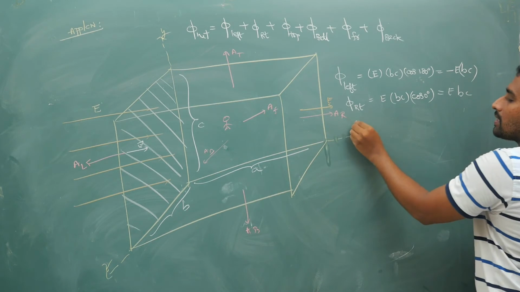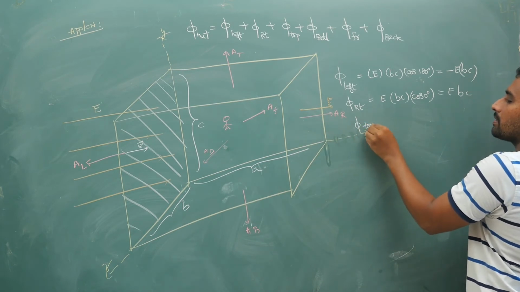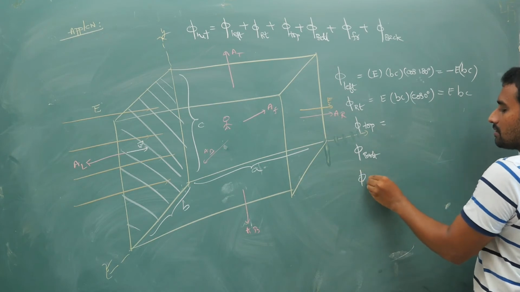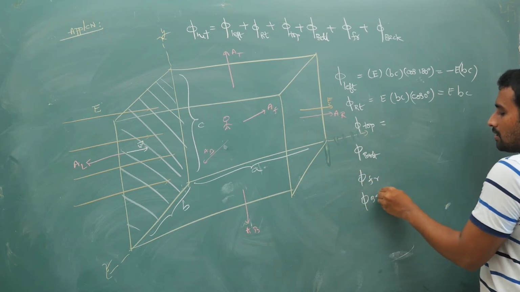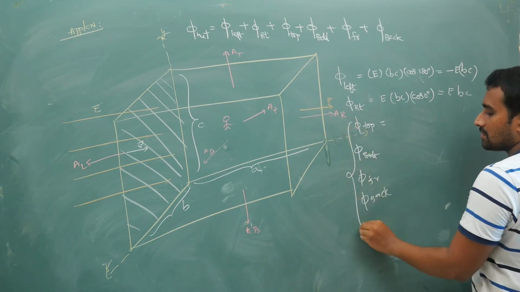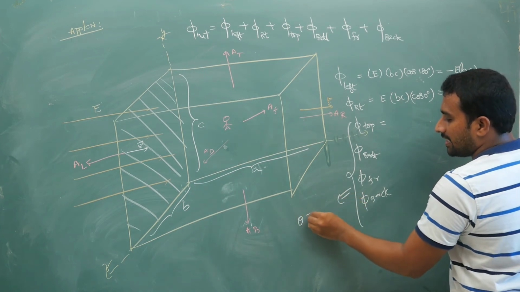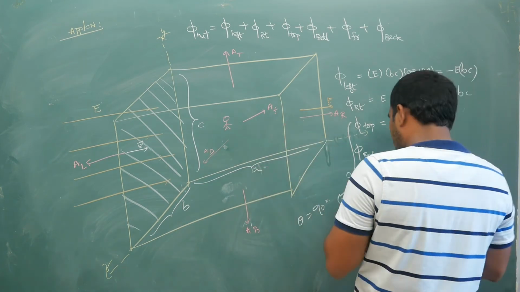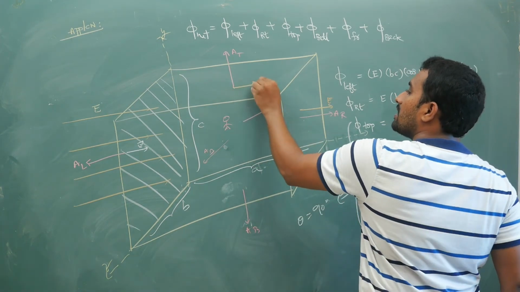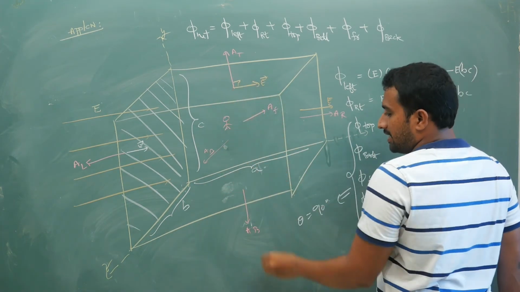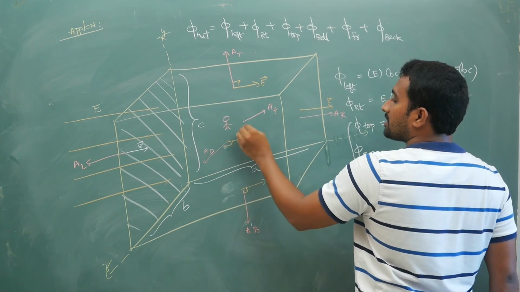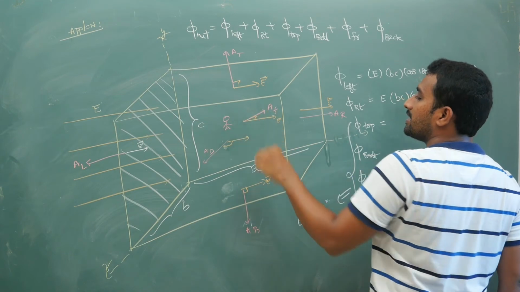Now consider the flux through the top, bottom, front and back. For all these surfaces, theta is 90 degrees. Your area vector and field vector are at an angle of 90 degrees. Here E and A are at 90, here at 90, here at 90, here at 90 degrees.